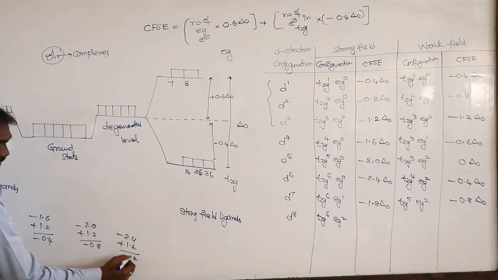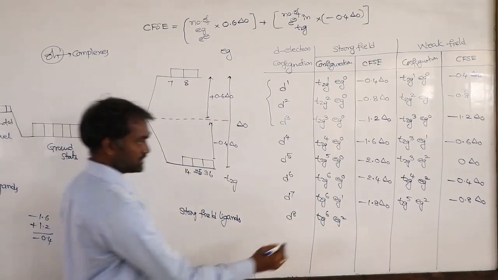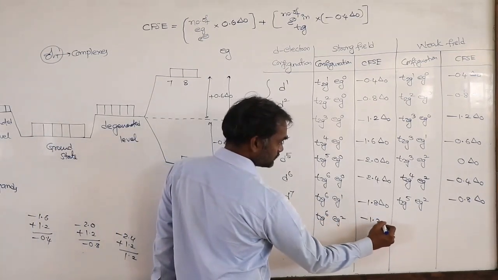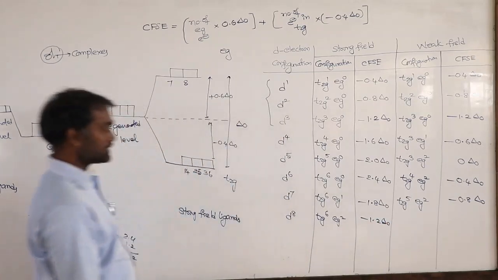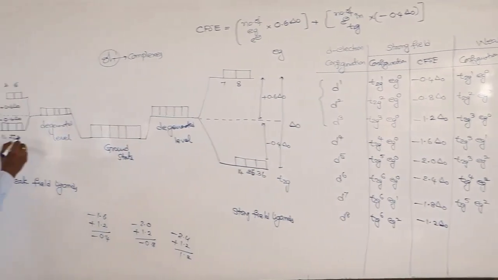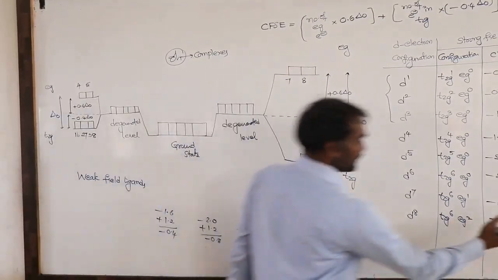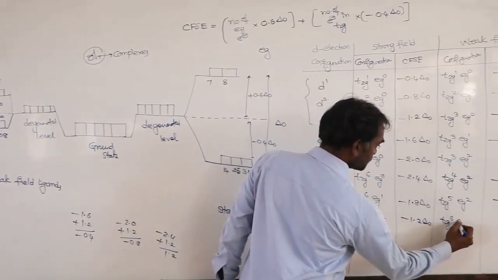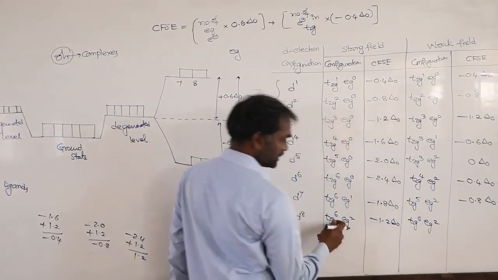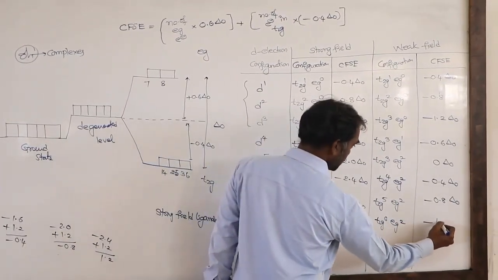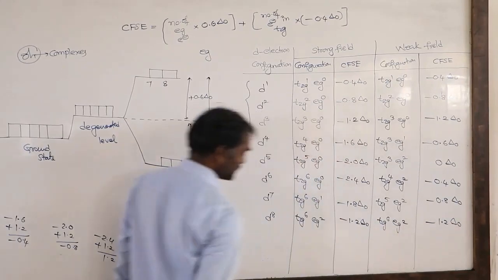So that is minus 1.2 delta 0. Next, 8th electron in weak field. The 8th electron is combining here. So this is also the same configuration, t2g6 eg2, minus 1.2 delta 0.